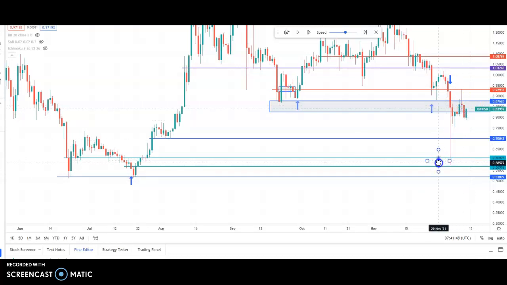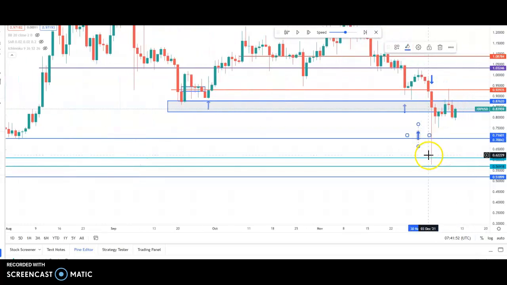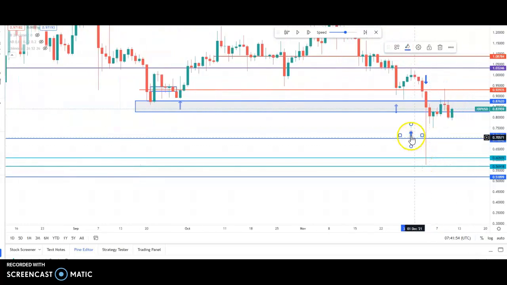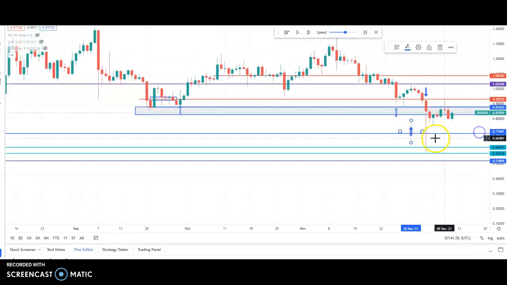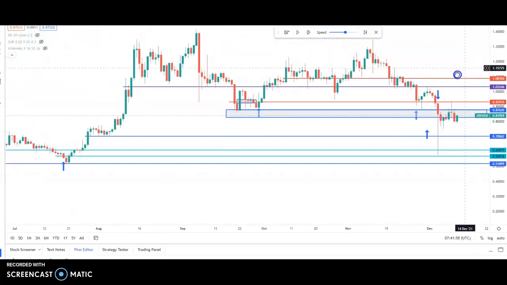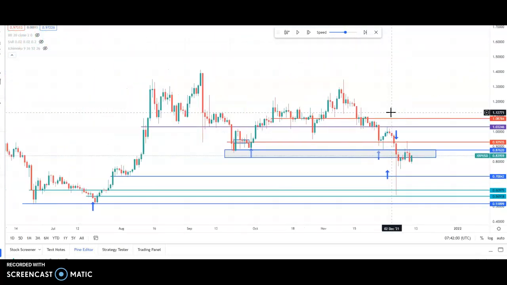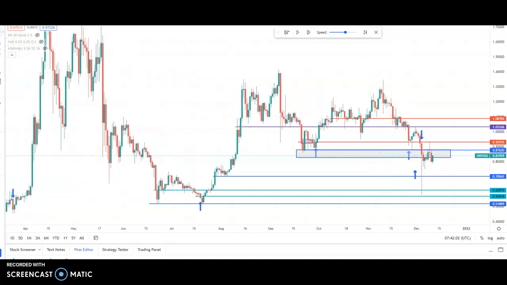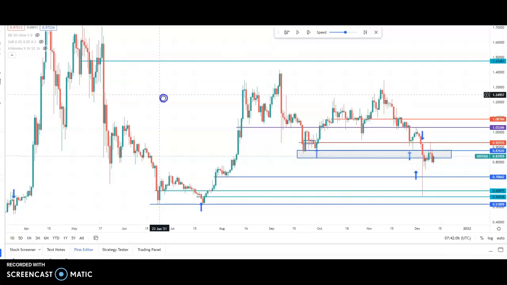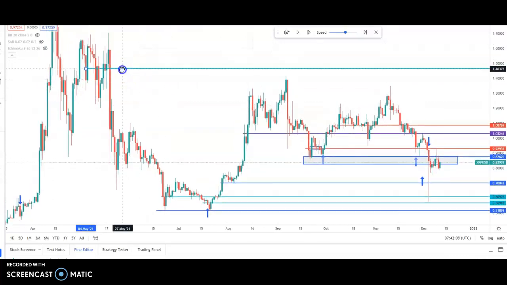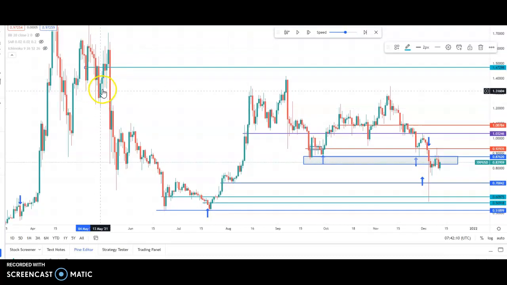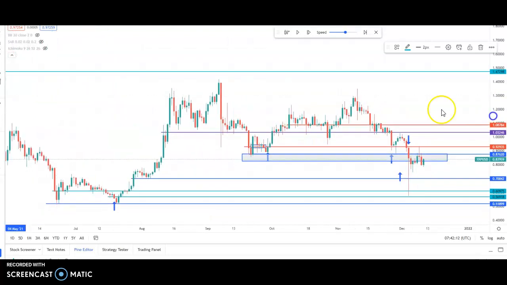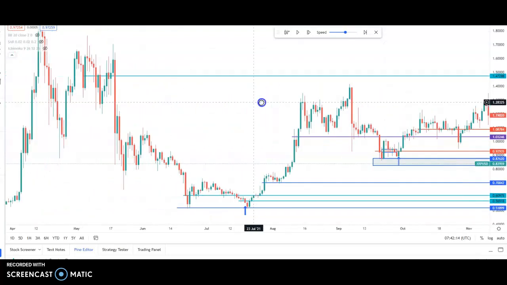Now where could price potentially go before correcting, making another drop to the downside? We can look and see if we have any other order blocks, any bearish order blocks, which we do. We have one here. This is a bearish order block over here, right?